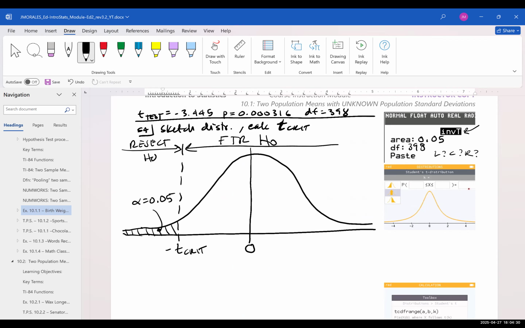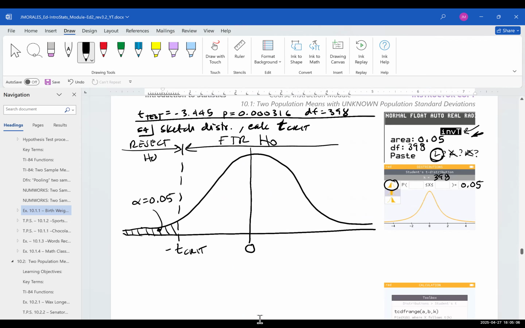This native inverse t function on the NumWorks calculator always calculates area from the left. With the NumWorks calculator, we can put 398 degrees of freedom, but here we can choose the area to the left, and we can do 0.05. There is a way around this, and this is using the program that I gave you. And I'll show that too.